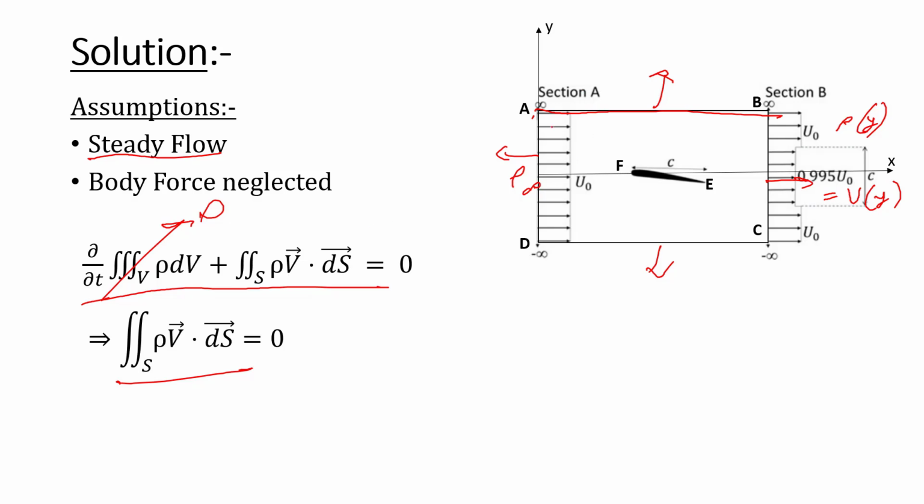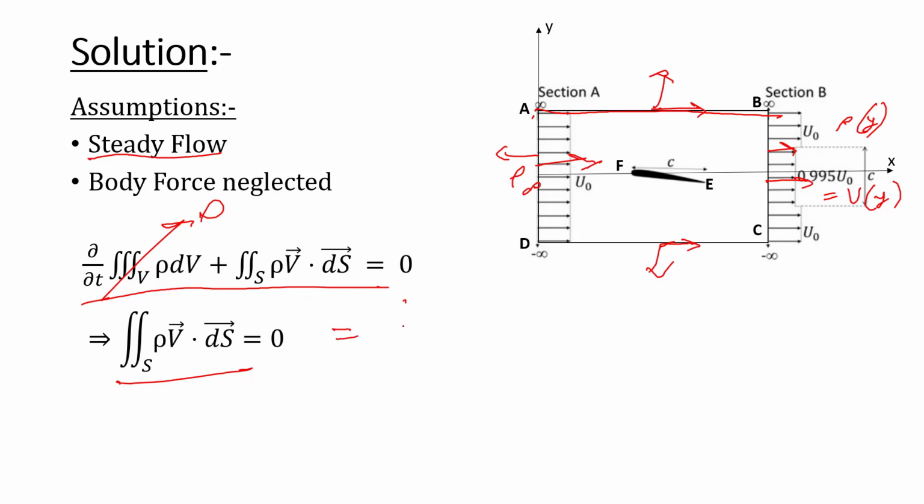At sections AB and CD, the velocity is perpendicular to the normal, hence V dot dS will be 0 for the AB and CD sections. For section AD, velocity is in the positive x direction, and for BC the velocity is also in the positive x direction. So the dot product will be negative for section AD, and for section BC the dot product will be positive.